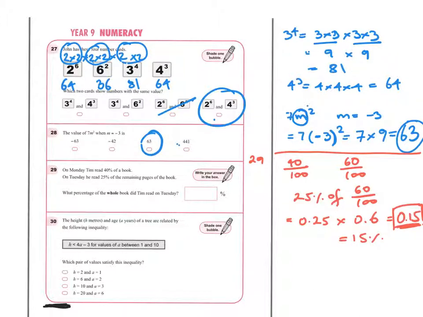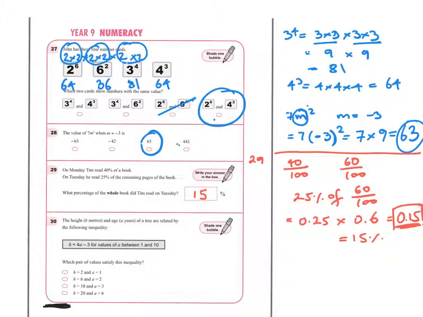Now, this is what Tim read on Tuesday, but they ask what percentage of the whole book did Tim read on Tuesday? Of the whole book. The answer is 15%.